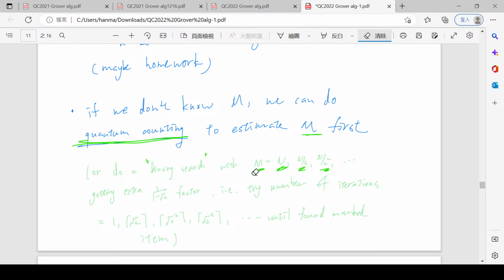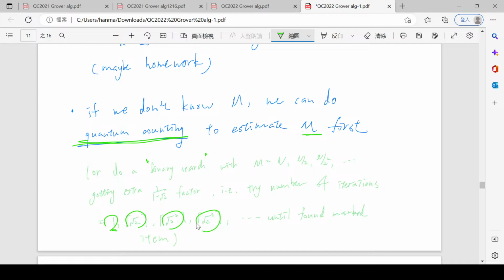And so the other way to see this is, we start with big M. So we are running Grover iterations, trying from a very small number to a very large number. So we try with 1 iteration, or square root of 4, then square root of 16 iterations, etc. So you try with this exponentially growing series until you find a marked item, and each one of them you should try many times.